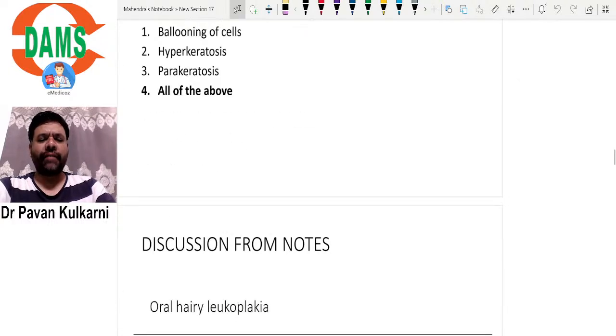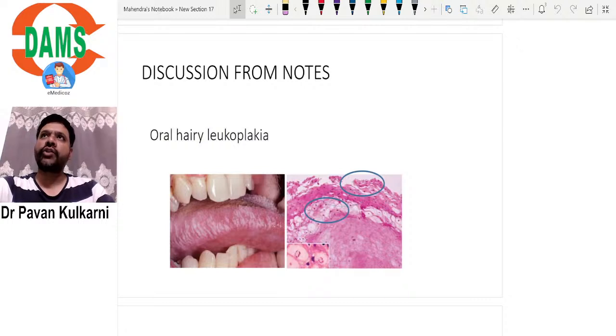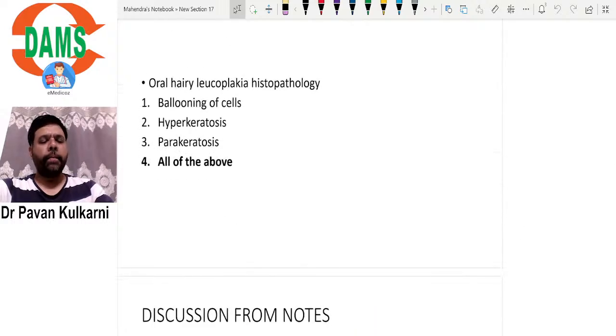This is an image from our discussion video: there will be long vertical corrugations on the lateral border of the tongue, and you can see those balloon clear cells. They are nothing but ballooning cells, and the top layer is hyperkeratosis or parakeratosis. So you can see all of the following features in oral hairy leukoplakia: ballooning of cells, hyperkeratosis, and parakeratosis.